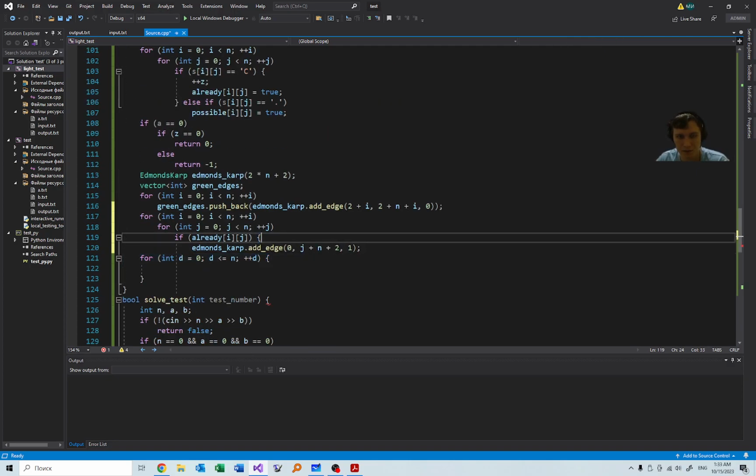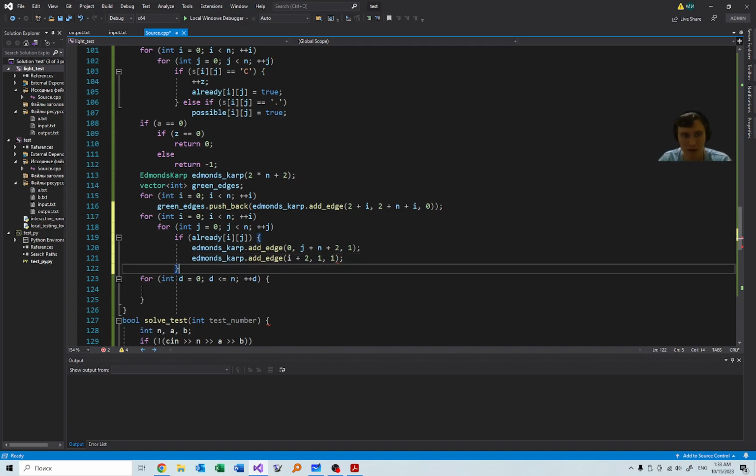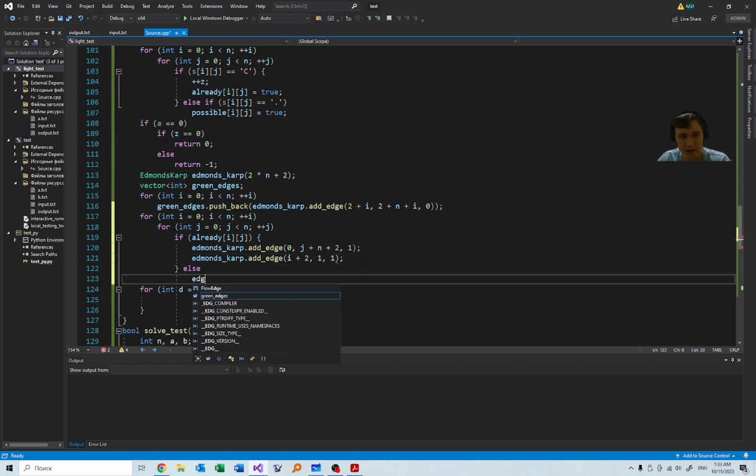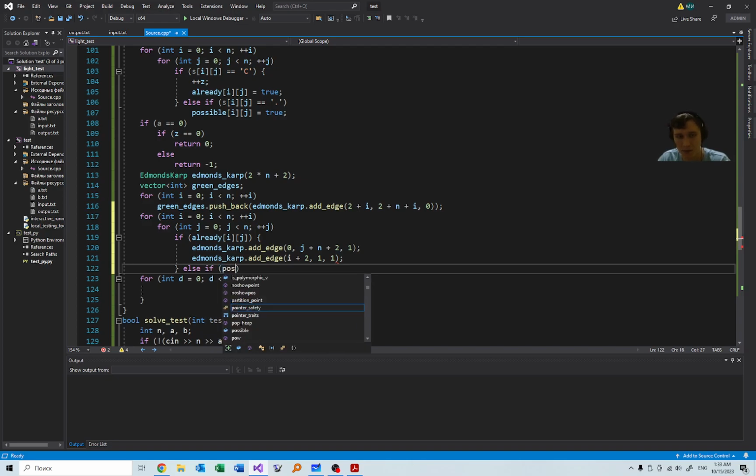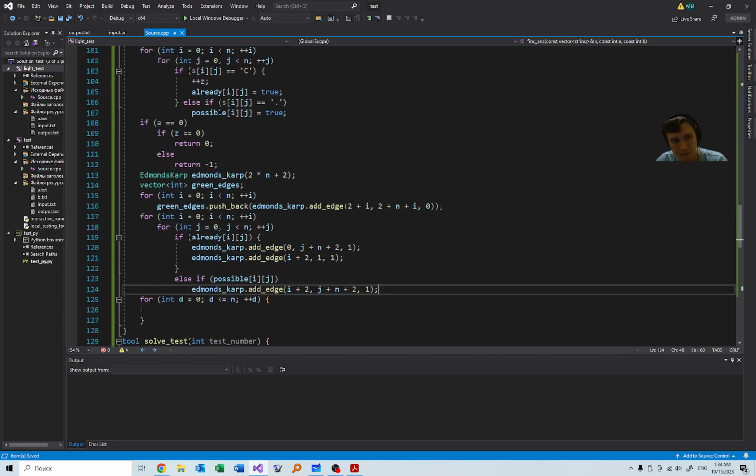And from the row, which is I plus 2, to the sink 1. Else, if possible ij, we just add from I to j. Okay.